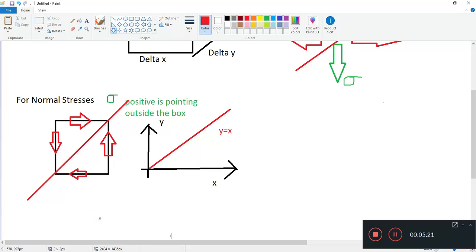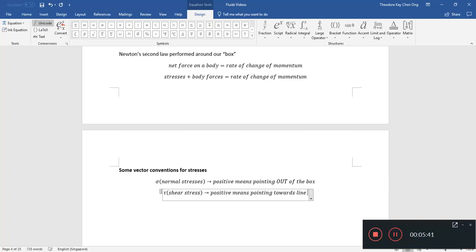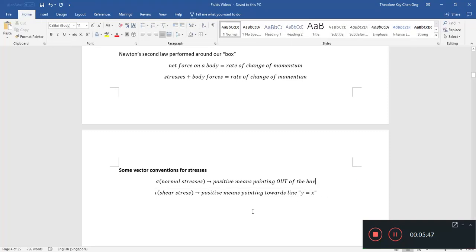Alright, so let's write it down. Tau, which is shear stress, positive means pointing towards the line y equals x. If you're talking about the xy plane, y equals x will be the line of reference.